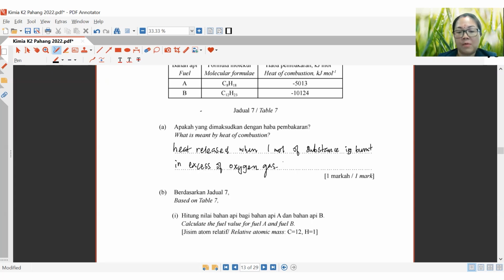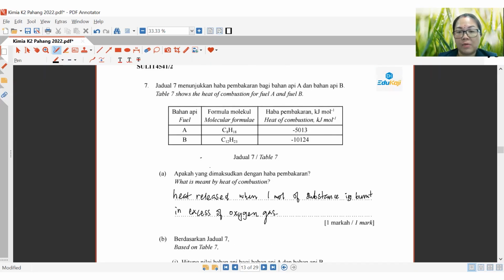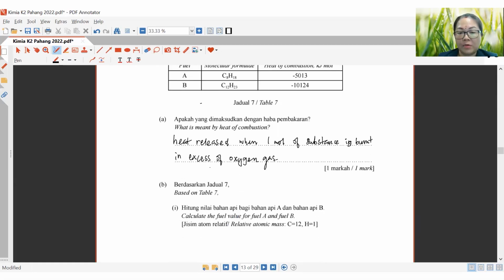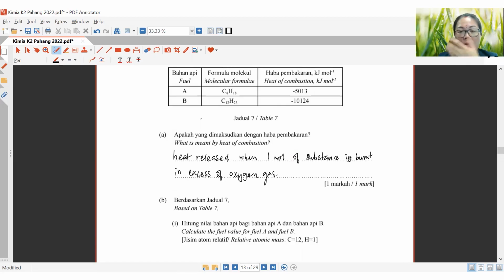Now B, based on table 7, calculate the fuel value for fuel A and fuel B. For fuel A, you have to calculate the fuel value, meaning you are going back to Q, which is mcθ. How do we answer this question? In this case, we use the RMM.